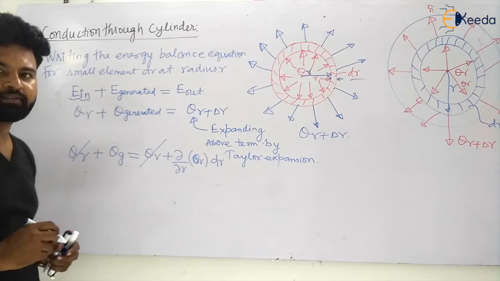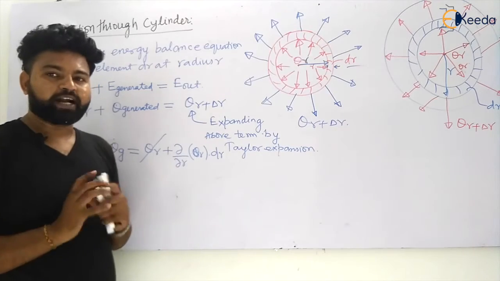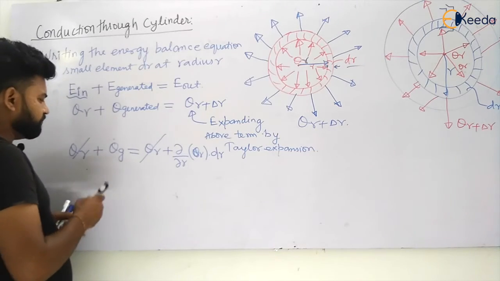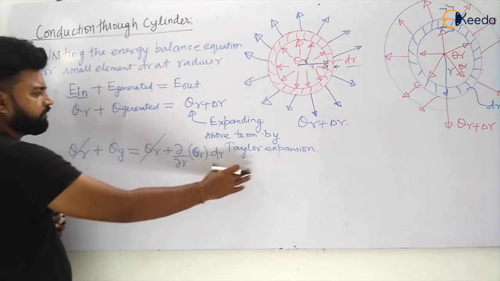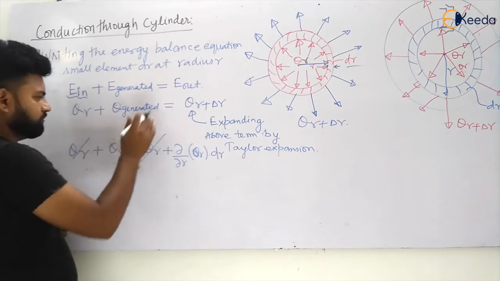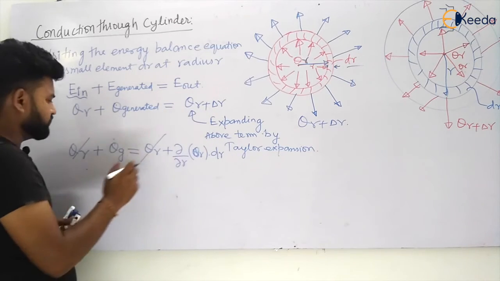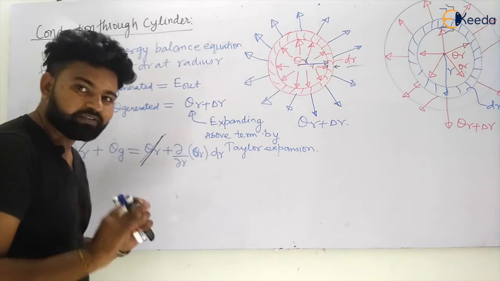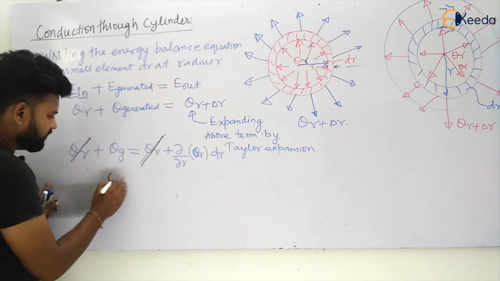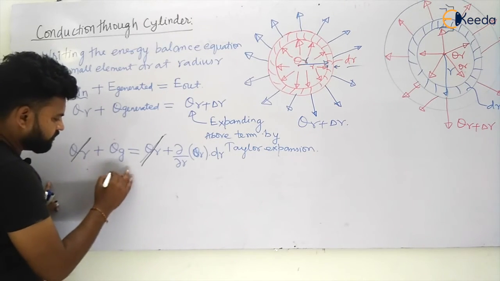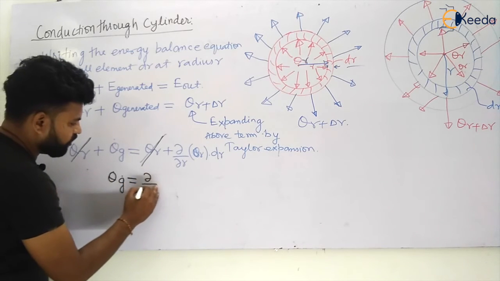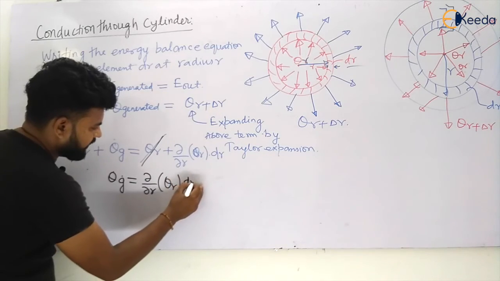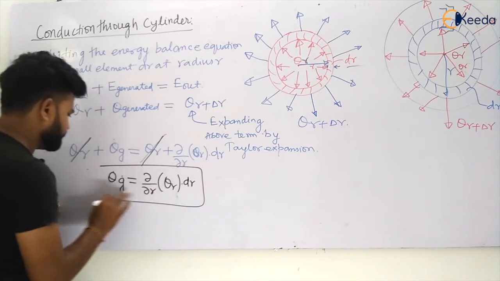Yes, I can neglect them. So writing the energy balance equation, we have expanded the term by Taylor series. In this case Qr and Qr will cancel. So what will be the remaining part? Q generation will be equal to del by del r of Qr into dr. So this will be your final equation.